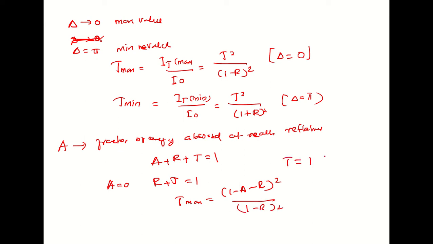T equal to 1 minus A minus R. For a normal case, A not equal to 0, the maximum transmitted amplitude or transmittance will be equal to (1 minus A minus R) divided by (1 minus R) whole square.